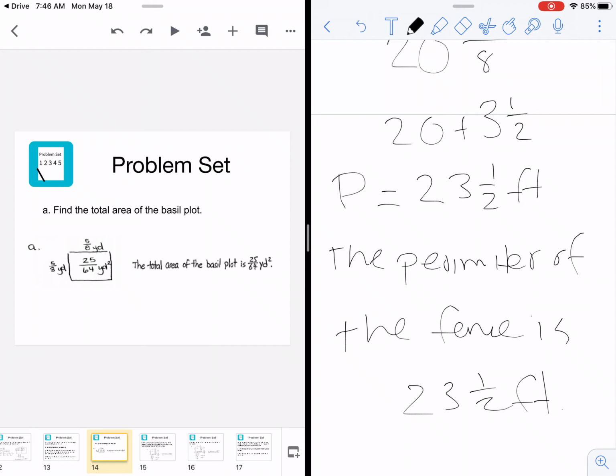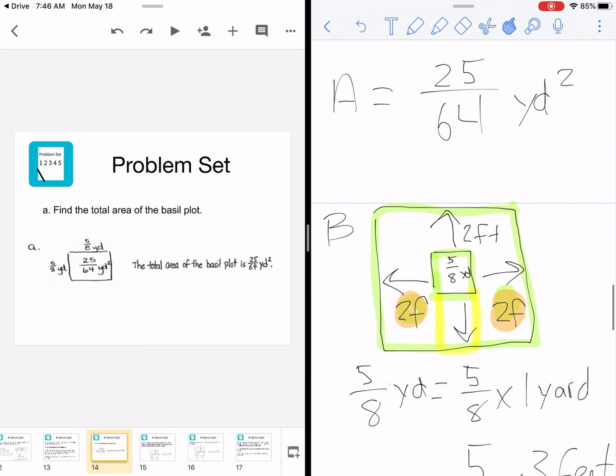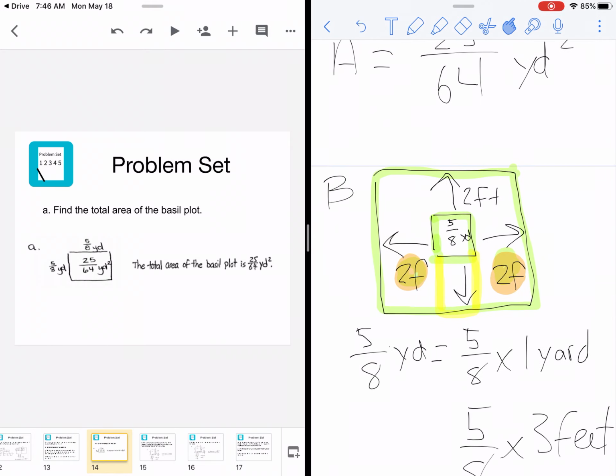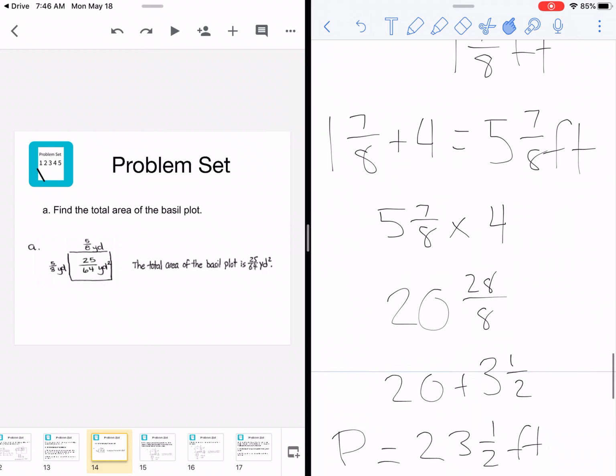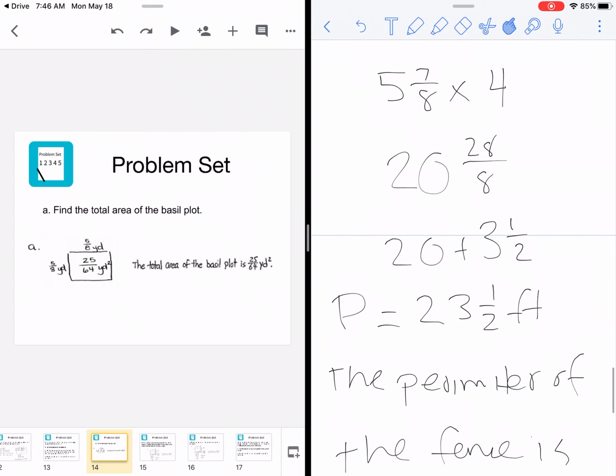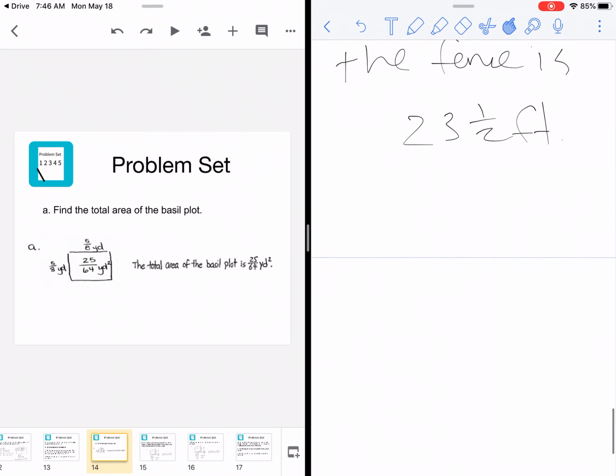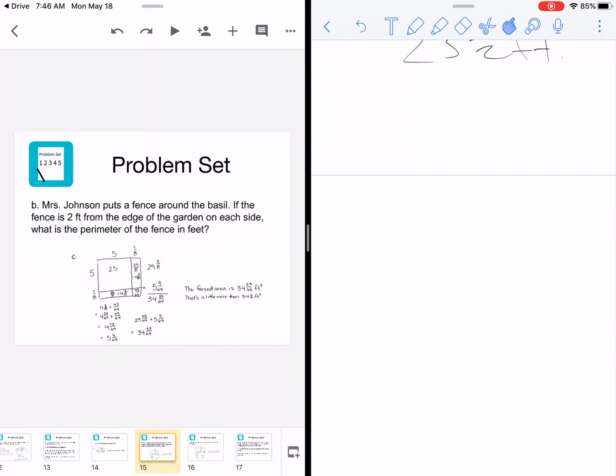You had to really think about, well, this is 5/8 of a yard, but we can't just add 2 feet plus 2 feet plus 5/8 of a yard. We have to know how many feet 5/8 of a yard is. So one side there was 5 and 7/8, and then we multiplied it by all 4 sides and got 23 and 1/2 feet.